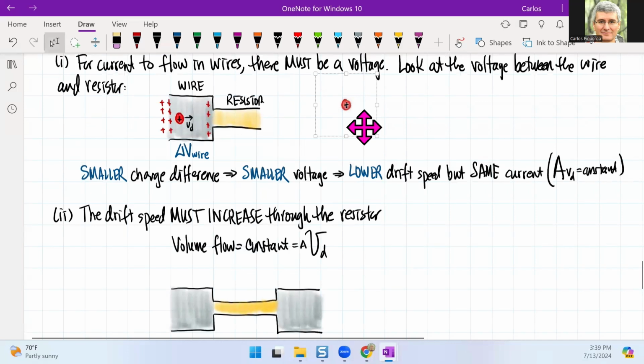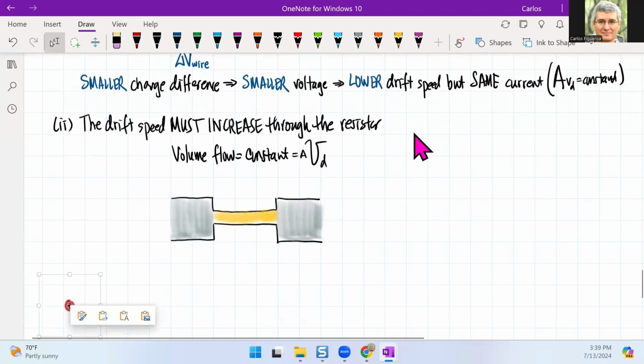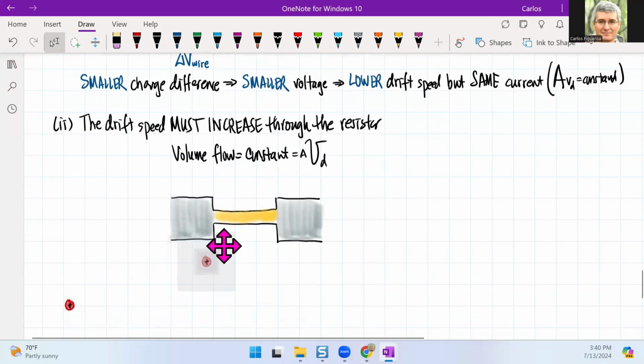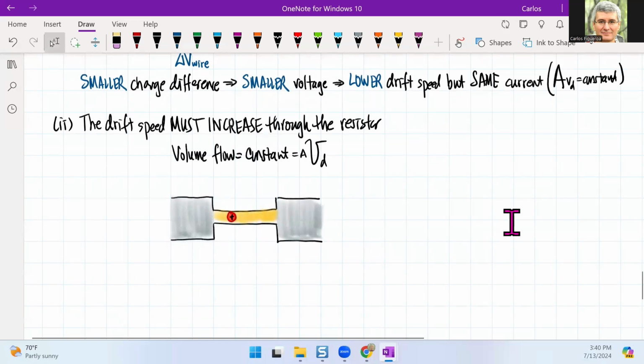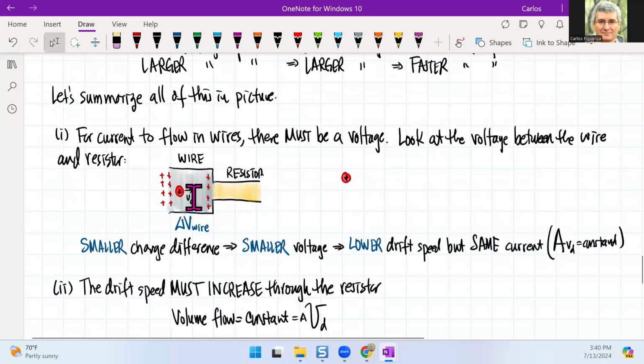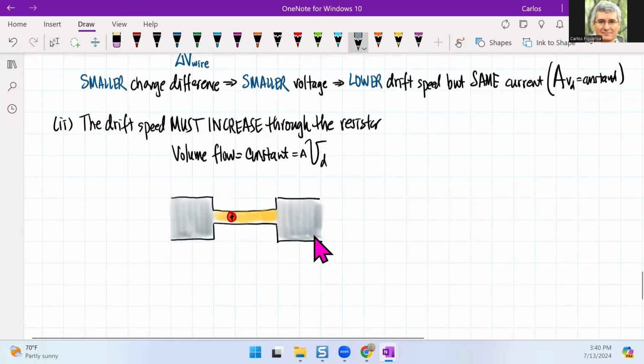Let me grab this charge, and I'm going to place this charge in here now. When I look at that charge in here, what am I seeing? Well, for starters, I have to have a higher drift velocity. We saw here that this drift velocity was small, but now I have the restriction. So this drift velocity has to be large.